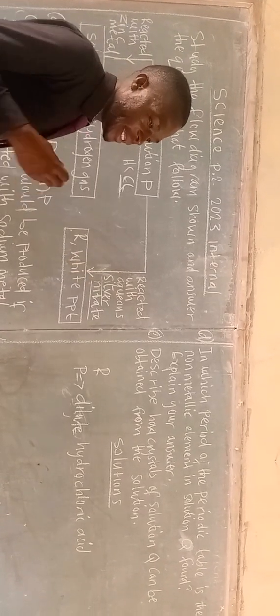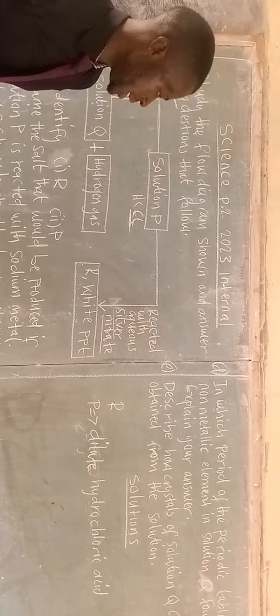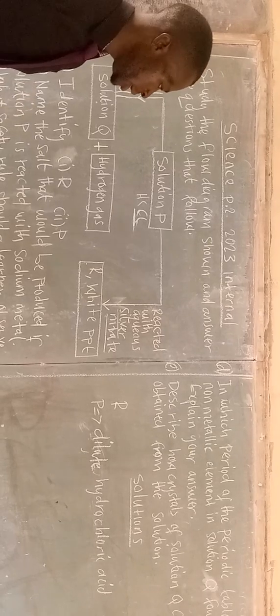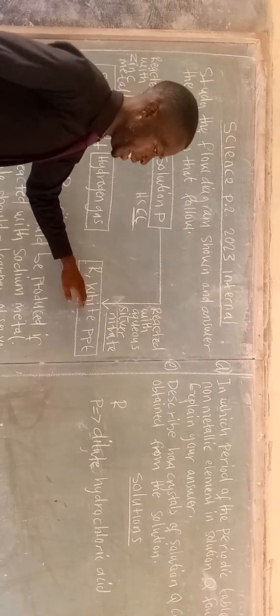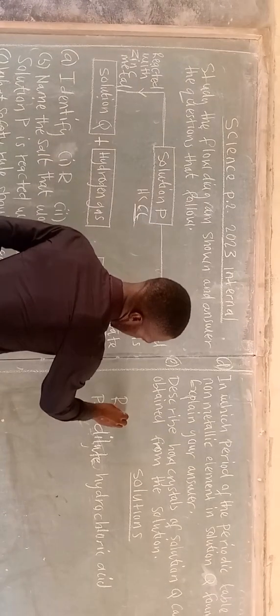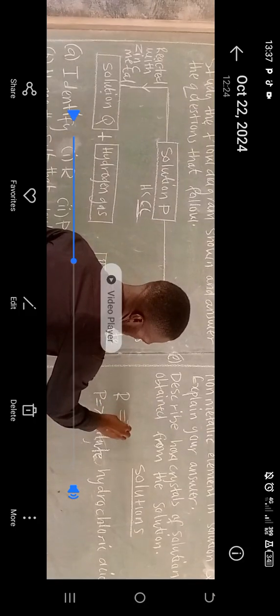Silver nitrate and dilute hydrochloric acid will give us silver chloride, which is an insoluble salt, the salt which is given as the white PPT. Therefore, R is silver chloride.